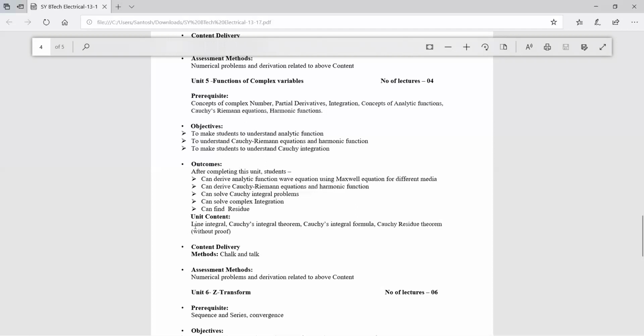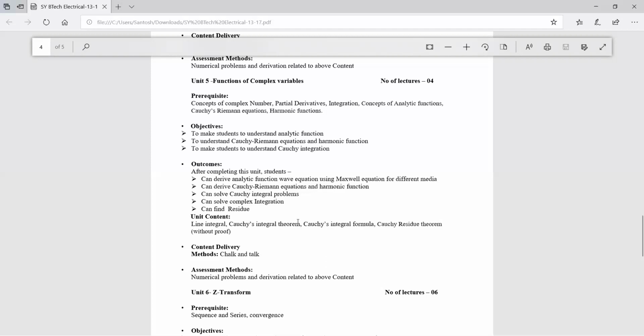The content of this chapter is line integration, how to integrate. Line integral, Cauchy integral formula. It is used to integrate functions of a complex variable, which may be analytic or non-analytic.